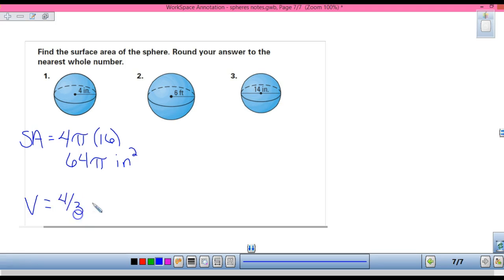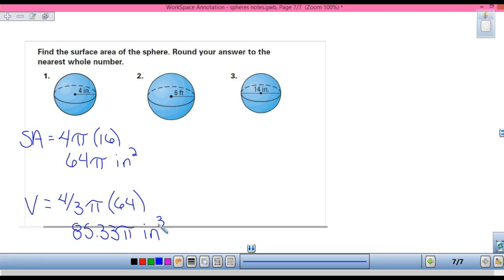Now volume: 4/3 pi times what's r cubed? 64. So then we've got to go 4/3 of 64. 85.33 pi inches cubed.